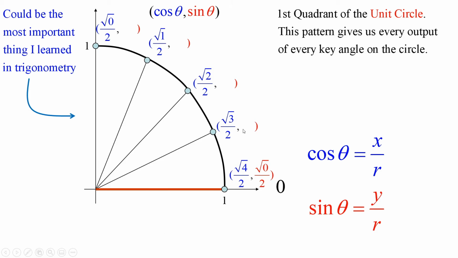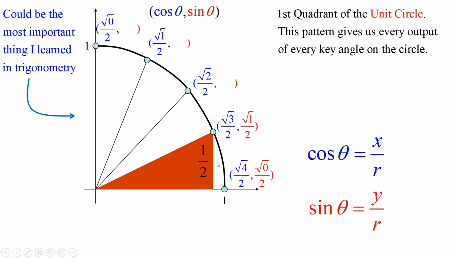Okay, now here. Guess what? Root 0 over 2. This one's going to be root 1 over 2. Let's draw our quadrant 1 right triangle with this terminal ray. You see this height? Had I drawn this perfectly, that height would be exactly 1/2. Now this one, root 2 over 2.